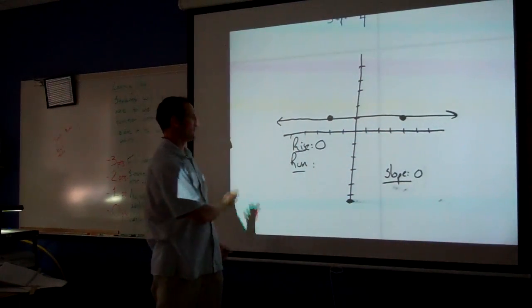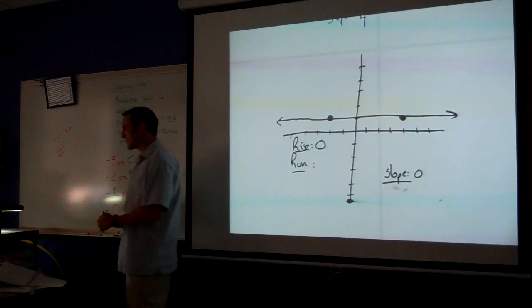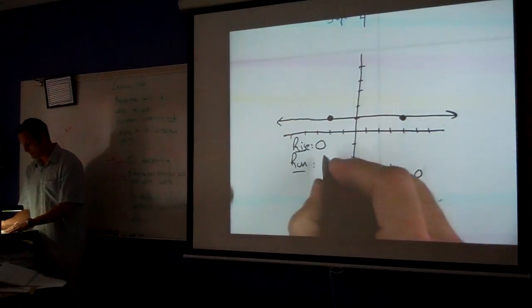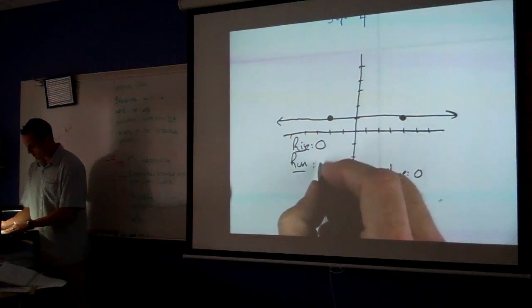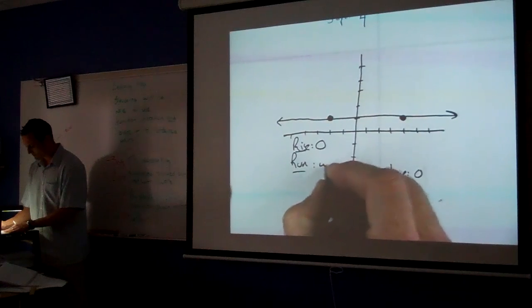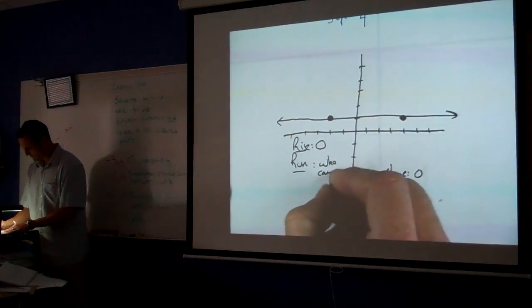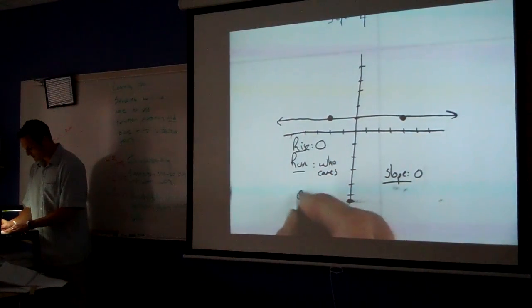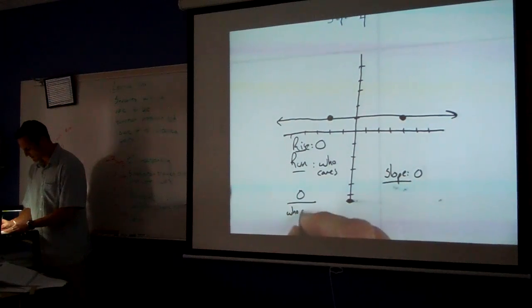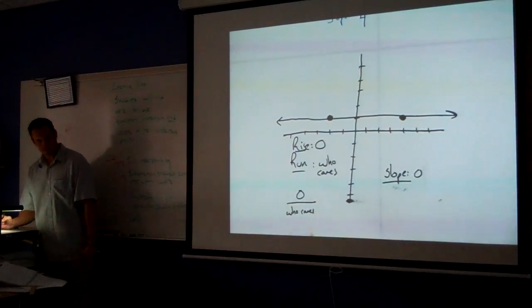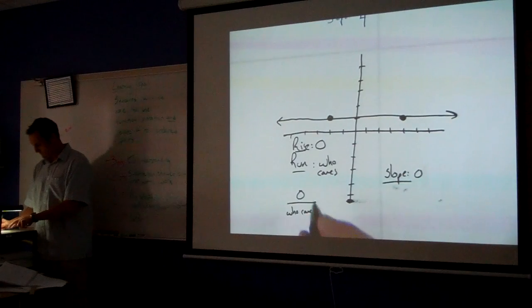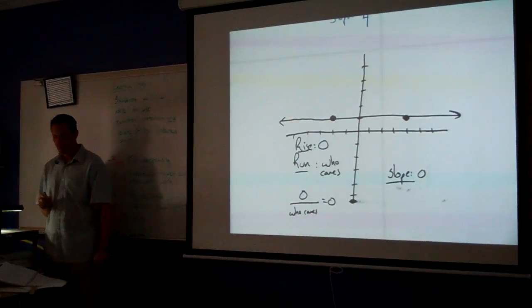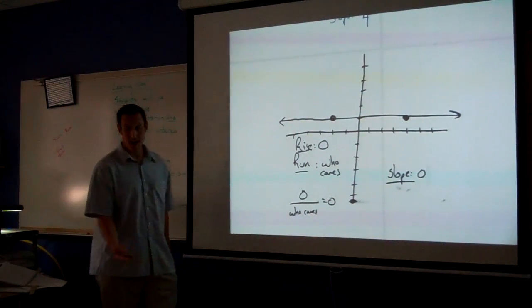The run is, doesn't matter what number you put in there, because 0 divided by it will end up in 0. So we'll just call the run who cares. And so our slope is 0 over who cares. And 0 divided by anything is 0. The slope is 0. So there are ways that you can not need to count.